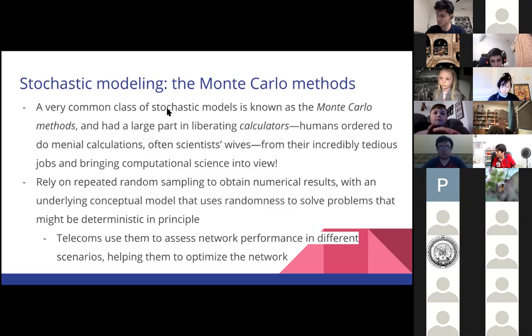One popular example is how telecoms use Monte Carlo methods to assess network performance in different scenarios, helping them to optimize the network. That might seem like a deterministic problem in principle, but if we rely on random sampling, that's really going to be the gateway.